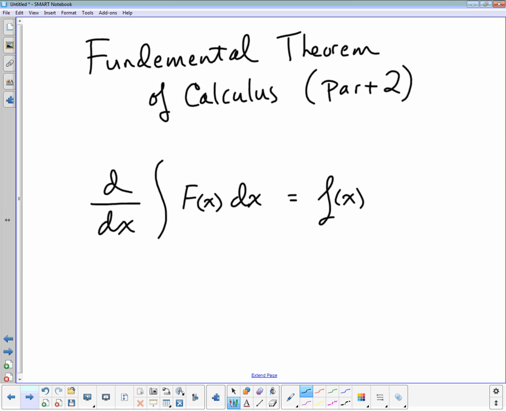And I should probably be a little bit more careful about my notation here. Well, okay. You know what? For this moment, I'm going to keep it because usually I use the capital F to say this.